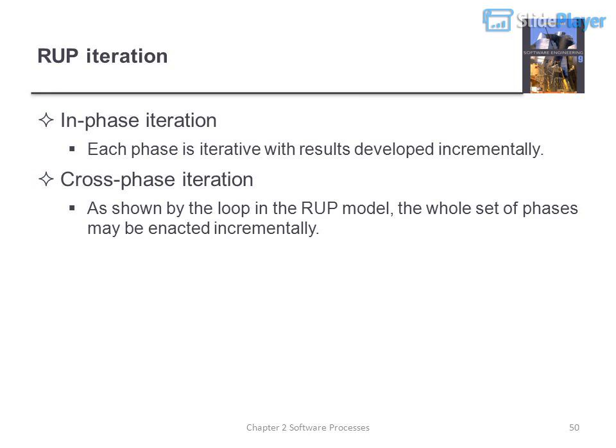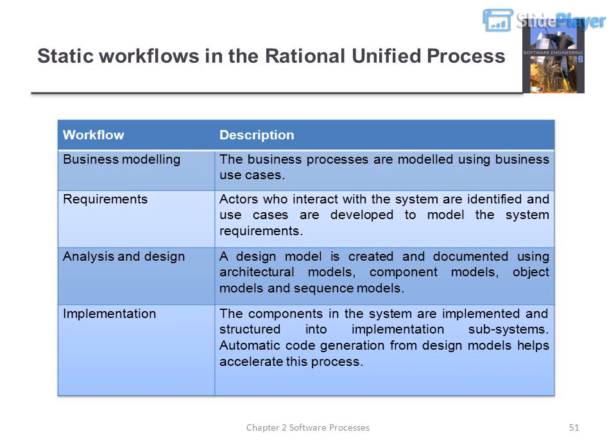Static workflows in the Rational Unified Process. Business modeling. The business processes are modeled using business use cases. Requirements. Actors who interact with the system are identified and use cases are developed to model the system requirements.